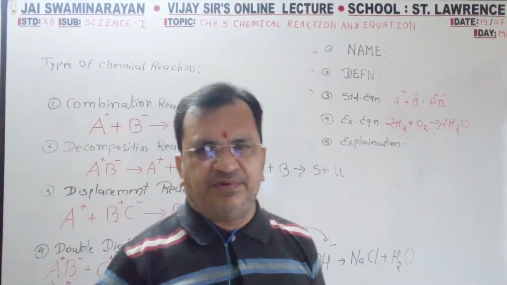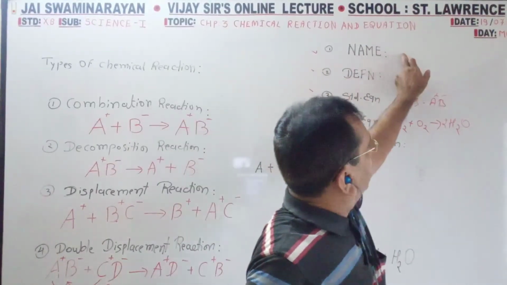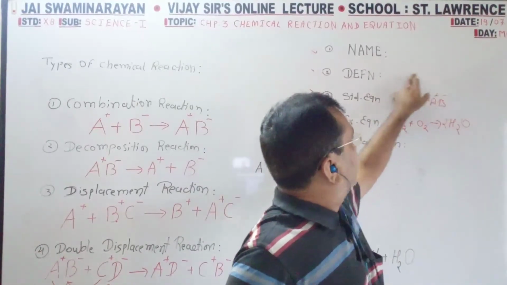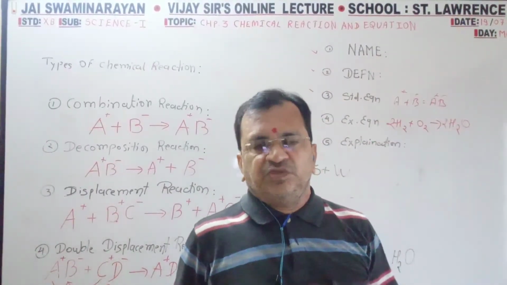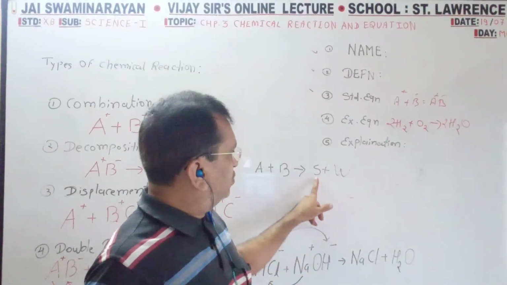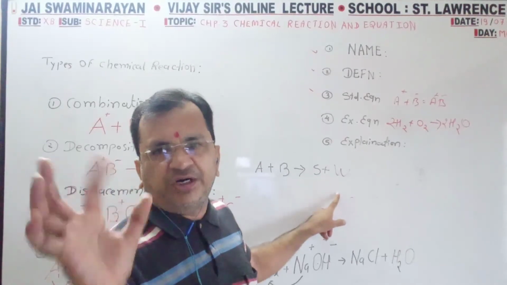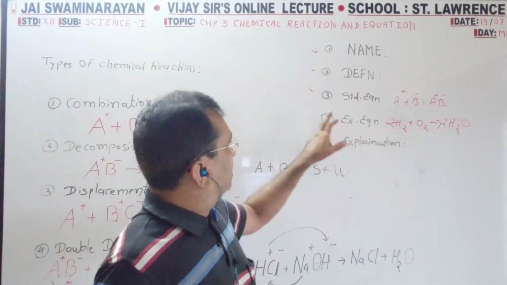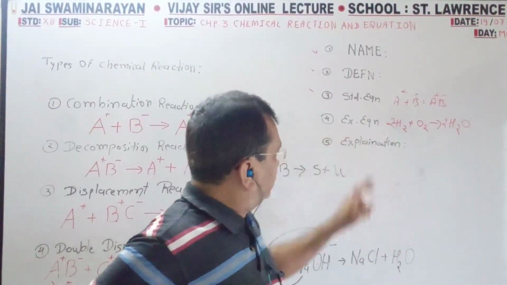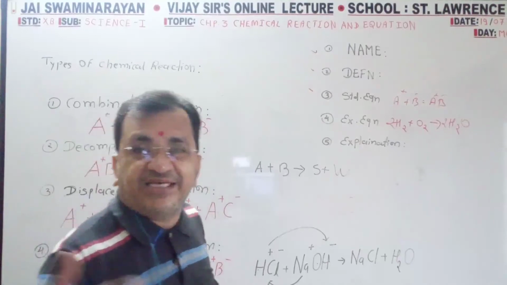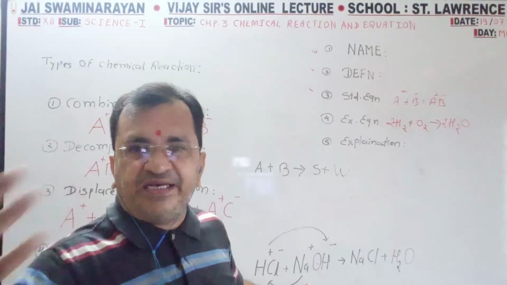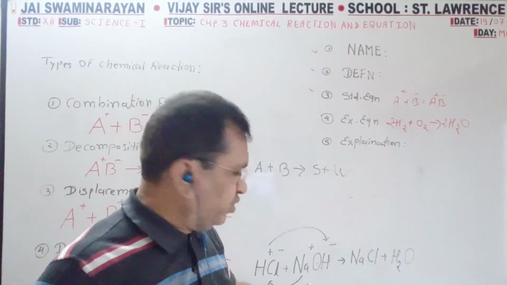Last topic I want to clear. Name, neutralization. Definition: when acid and base react with each other to form salt and water. Then standard equation you can write: acid plus base gives salt and water. And this is the example equation. Which acid? Hydrochloric acid, HCl. Which base? NaOH.